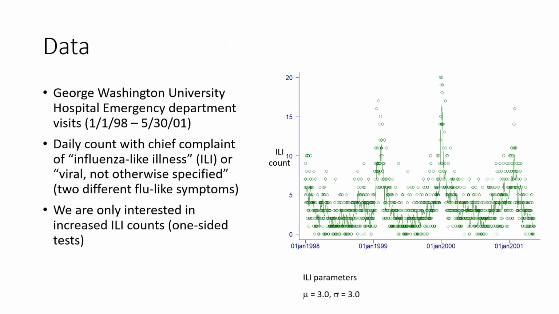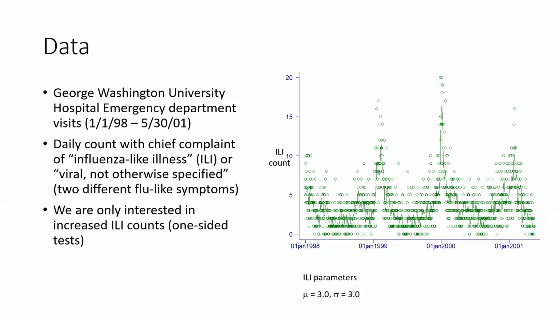We had data from the George Washington University Hospital Emergency Department between 1998 and 2001. You see them here, their daily data. And these are the number of patients that were in the emergency department with flu-like symptoms, or, and there's a second medical category, viral, not otherwise specified, but basically flu-like symptoms.